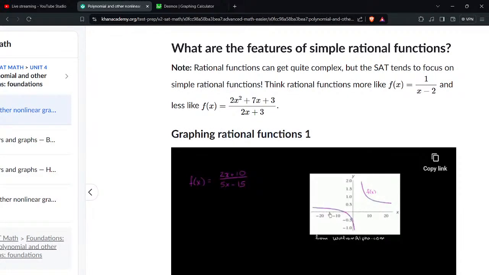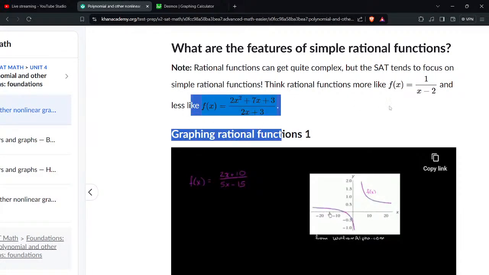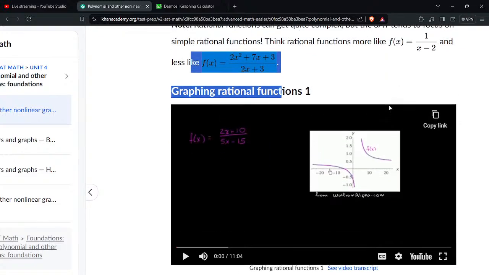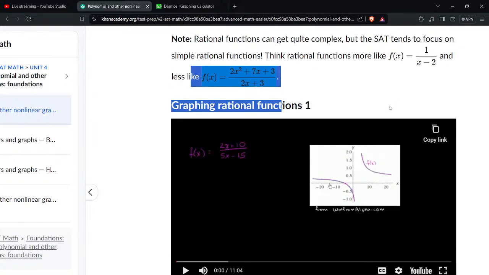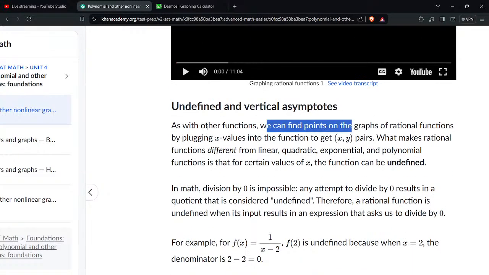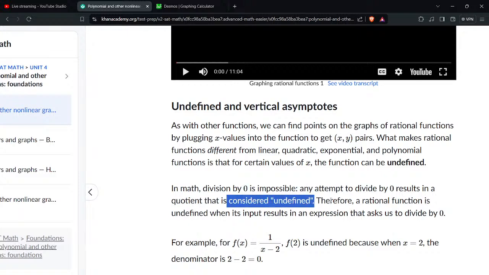Okay, rational functions. We have one divided by something. So I cannot separate this, right? Division by zero is impossible. Any attempt to divide by zero is considered undefined.